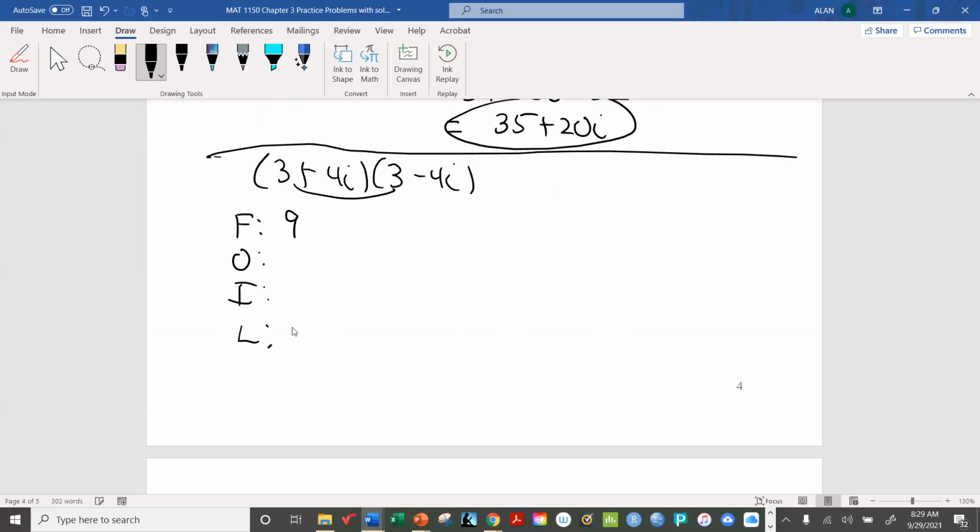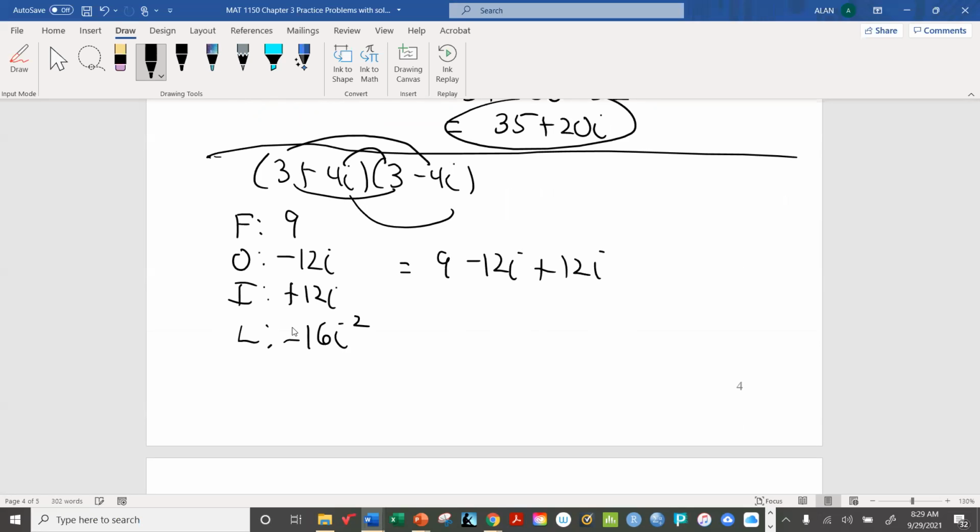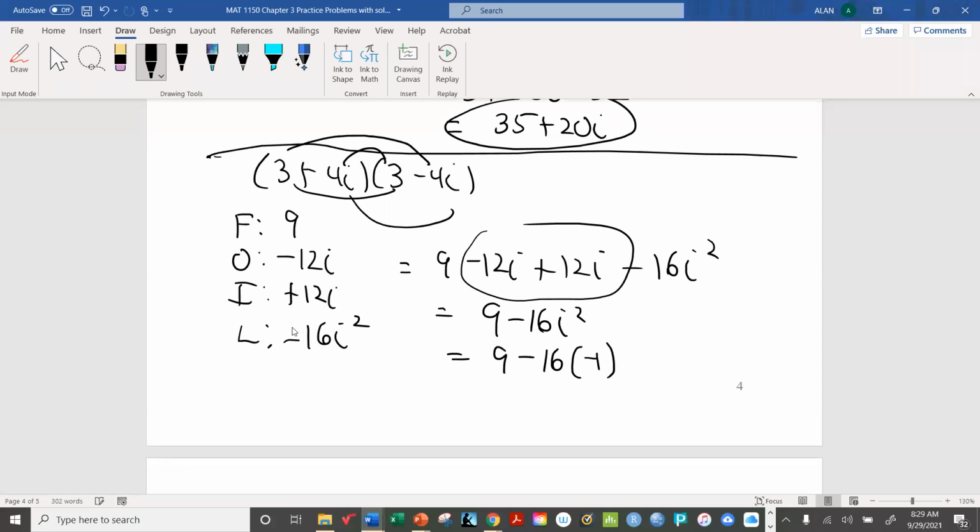F is 9, O is minus 12i, I is positive 12i, and then last is minus 16i squared. These drop down. This becomes minus 16. And so this ends up being 25.